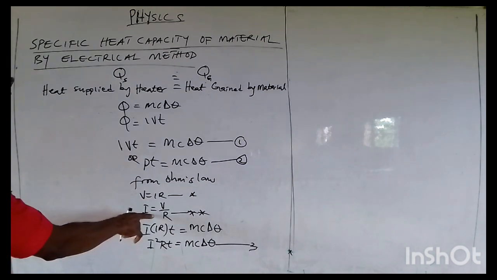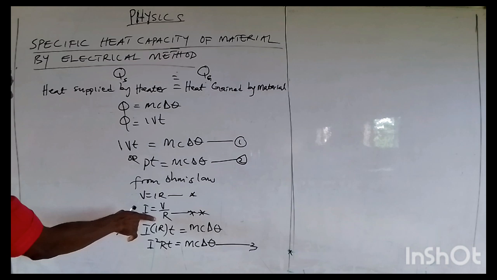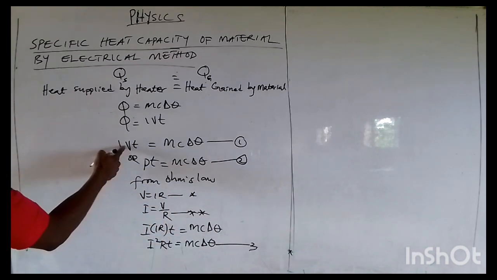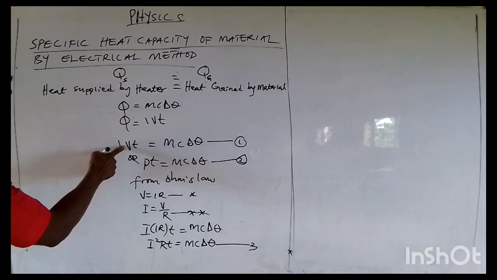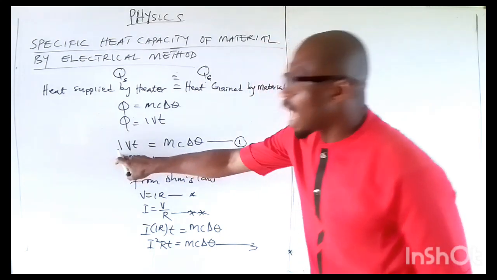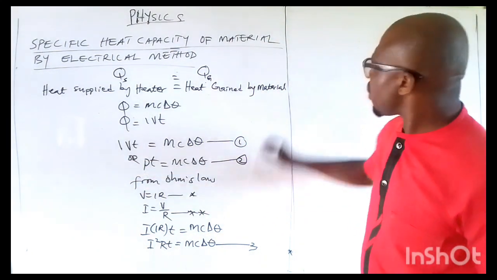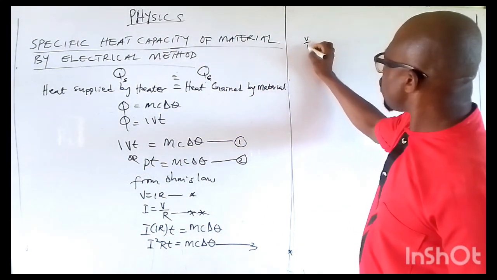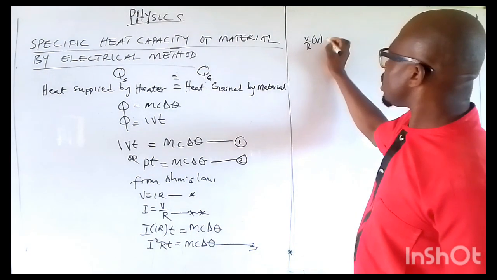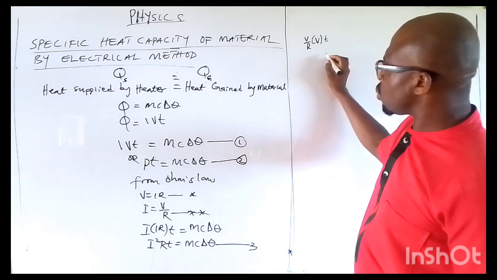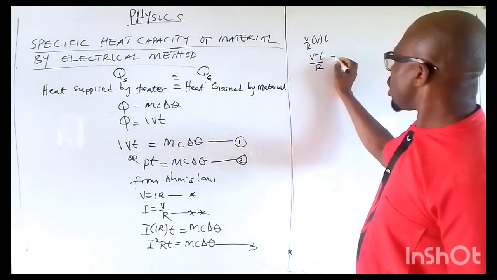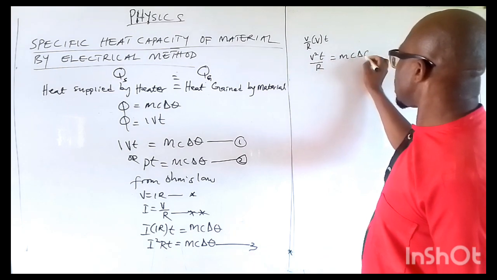Now we substitute equation double star into equation 1. In place of I, we put V over R, multiplied by V times t, which will give us V squared t over R equal to mc delta theta.